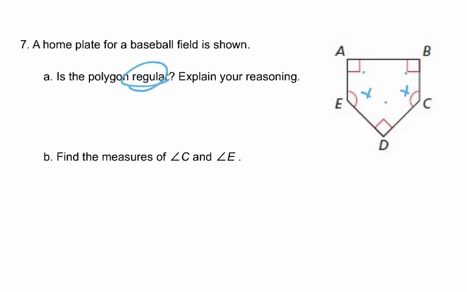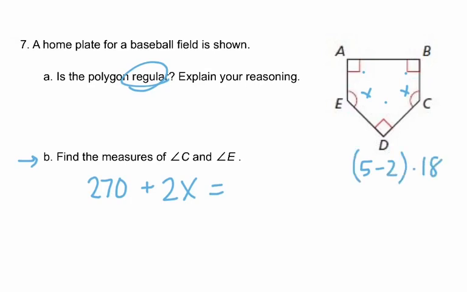So I'm going to set up an equation to help me figure this out. I'm actually doing part B first. So 90 plus 90 plus 90 is 270 degrees, plus x and x, because those are marked to be congruent, so that's 2x, is equal to the sum of a pentagon: 5 sides minus 2 to get the number of triangles, times 180.